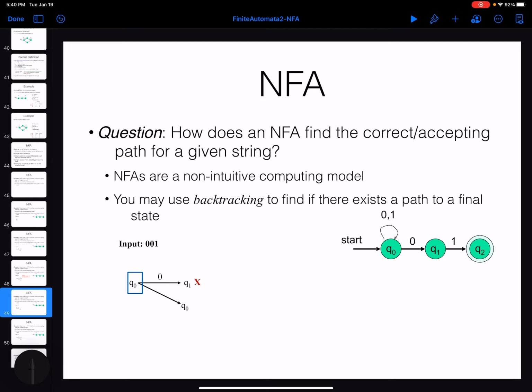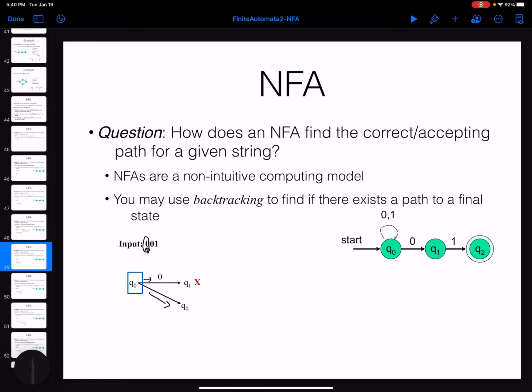Again, I am at Q0. I know that I cannot follow this path. By reading the first symbol, I will follow the other path, and I will stay at Q0 this time. Then what would happen if you stay at Q0?